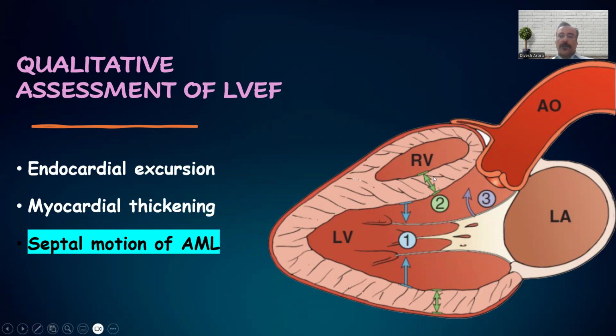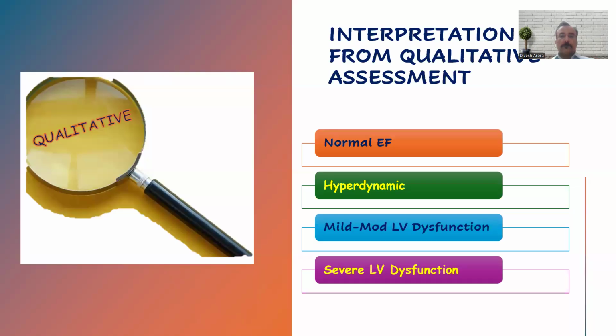Similarly, during contraction, the thing labeled as number two, the myocardium, actually thickens. Last but not the least is the anterior mitral leaflet movement towards the interventricular septum. If it moves and touches the interventricular septum, then the ejection fraction by the eyeballing technique we can term as normal.